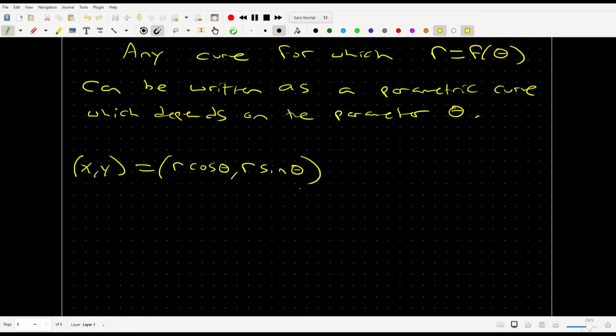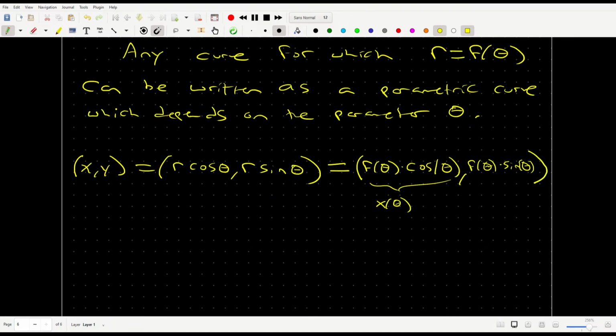And so if we know r as a function of theta, the x-coordinate is going to be parameterized by theta as that radius function f of theta times cosine of theta, and the y is going to be r sine theta, which is f of theta times sine theta, for theta in some range from A to B. And I want to give you a number of different examples of how to do this for a given curve and how to think of curves like this.